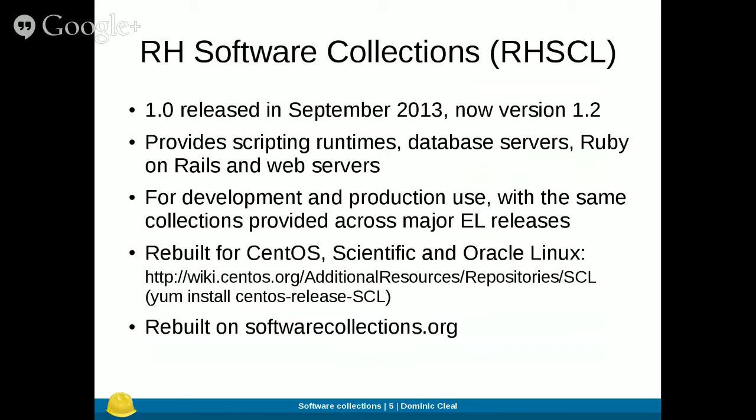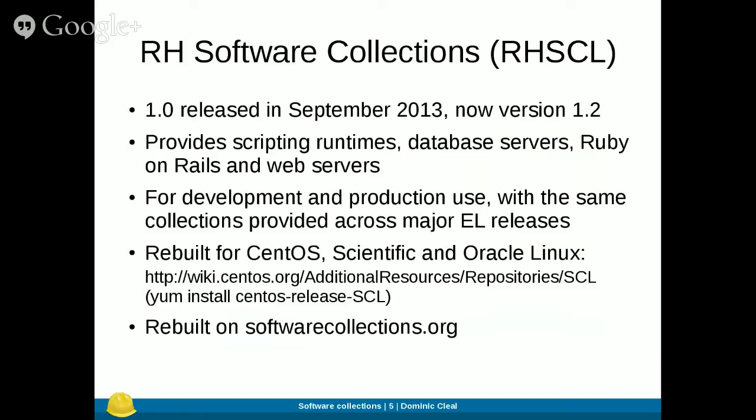So Foreman is based on Red Hat Software Collections, which was released a couple of years ago now, and early versions of Foreman, I think it was 1.2 and 1.3, shipped basically an alpha version of RHSCL 1.0. So you'll see this in our repos. You'll actually find the old binary RPMs.